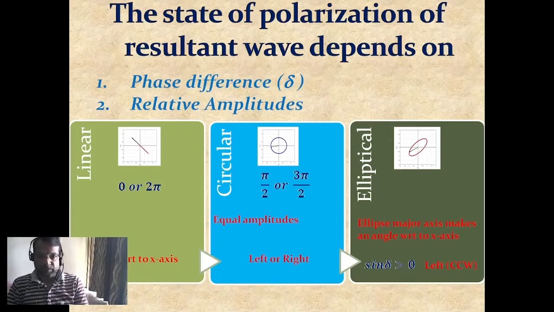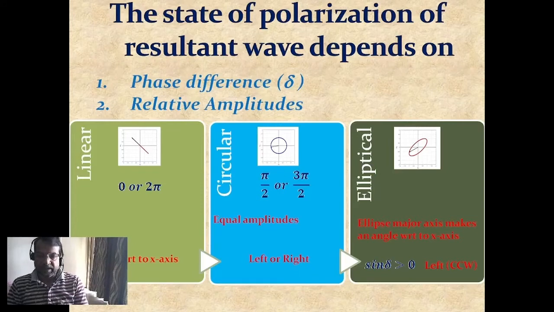Now when it comes to circular and elliptical, the sense of rotation is important, and to distinguish that we have sin δ, that is, if sine of phase difference is greater than 0, it is referred to as left polarized light, and if sin δ is less than 0, it is referred to as right polarized light.